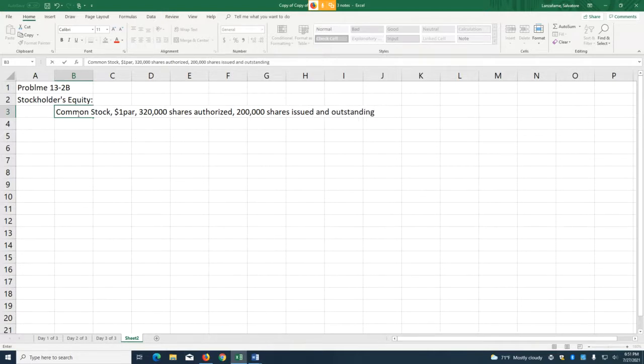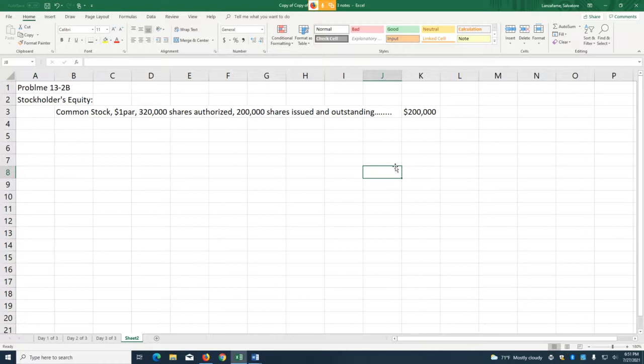So this is typical lingo whenever you see a stockholders' equity section. The math that you see there at the end where they've got the 200,000, they get that number by taking how many shares are actually outstanding in people's hands, which is 200,000 shares, multiplied by the $1 par. So what is that 320,000 shares that they're authorized with?